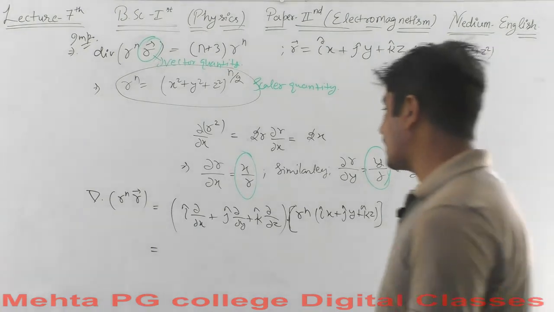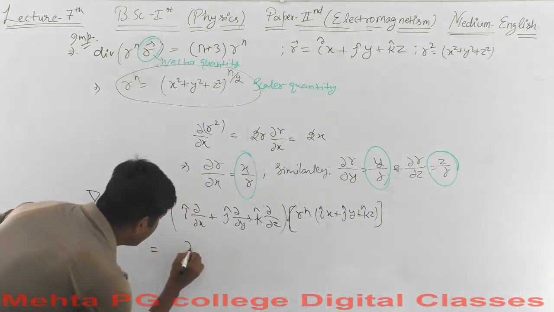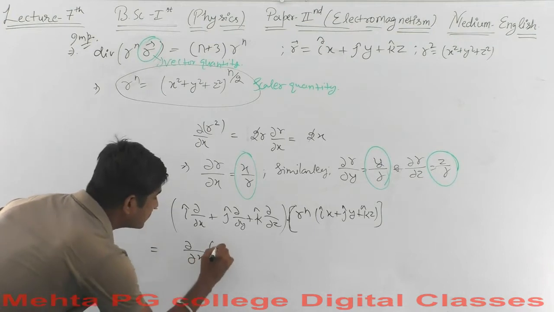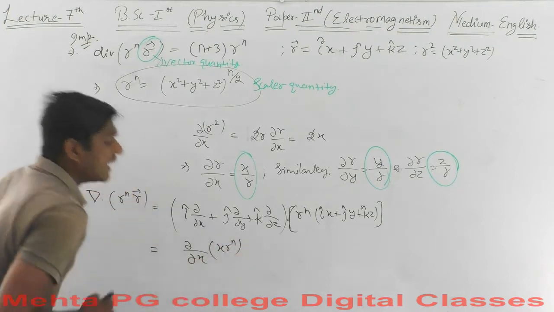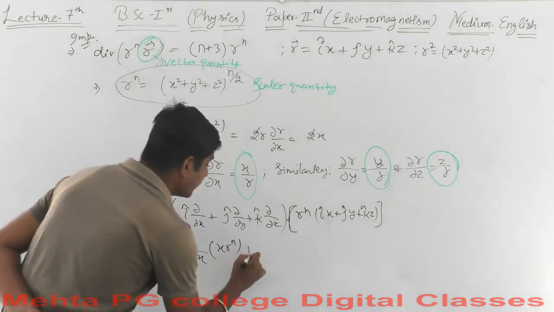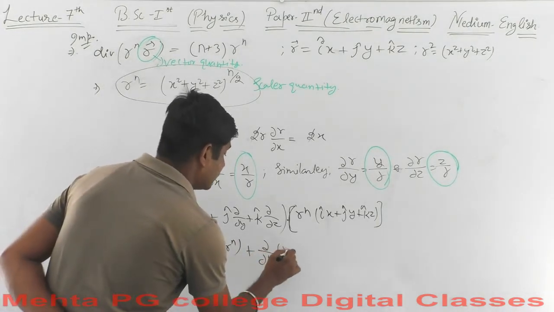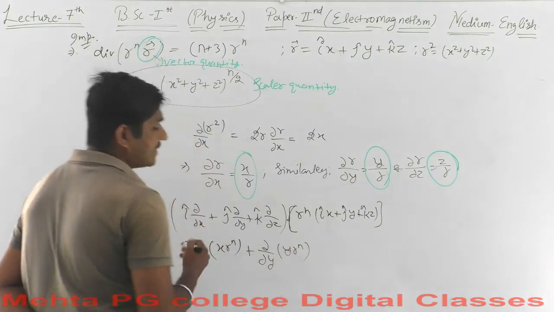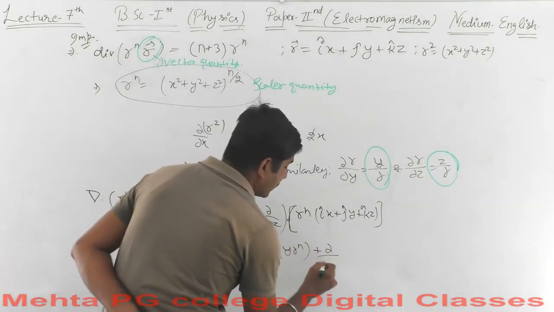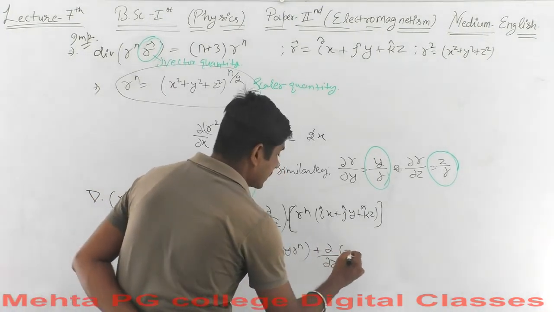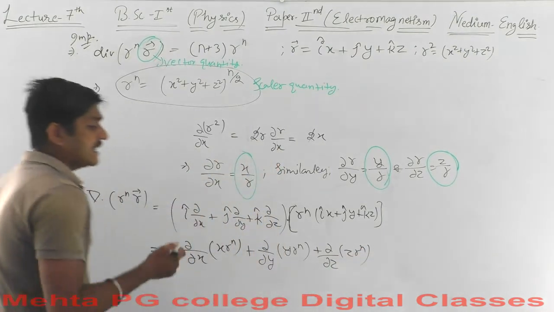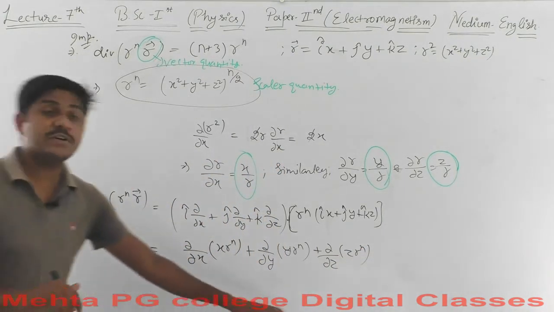The values will be calculated for curly over curly x of x r^n, plus curly over curly y of y r^n, plus curly over curly z of z r^n. So the values will be calculated for this.